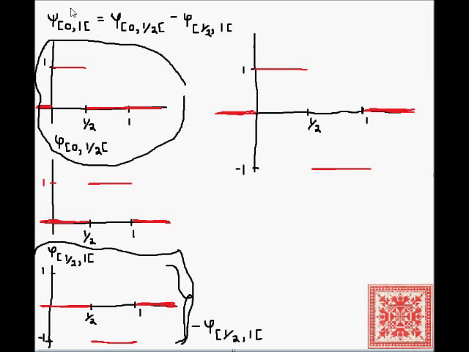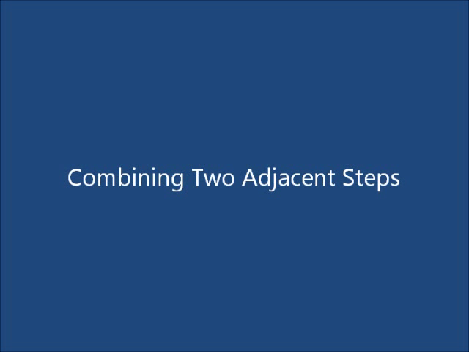So this is the psi from 0 to 1. That's the basic wavelet.